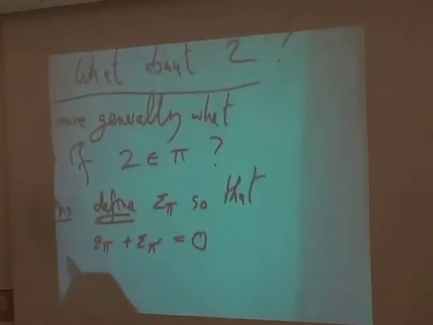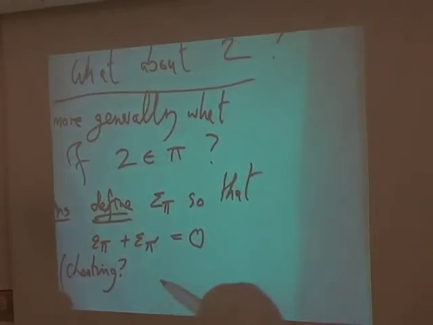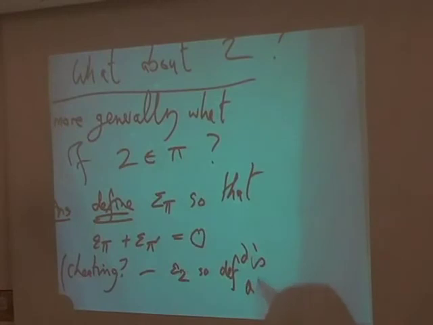Well, maybe it's cheating. It gives the fact that the sum over all primes of epsilon p is 0. Well, yes, in a way it's cheating, but epsilon 2, so defined, is a 2-adic invariant.